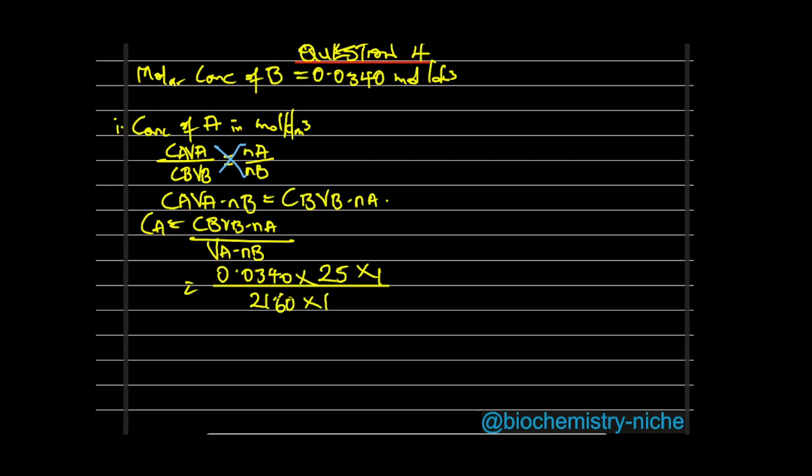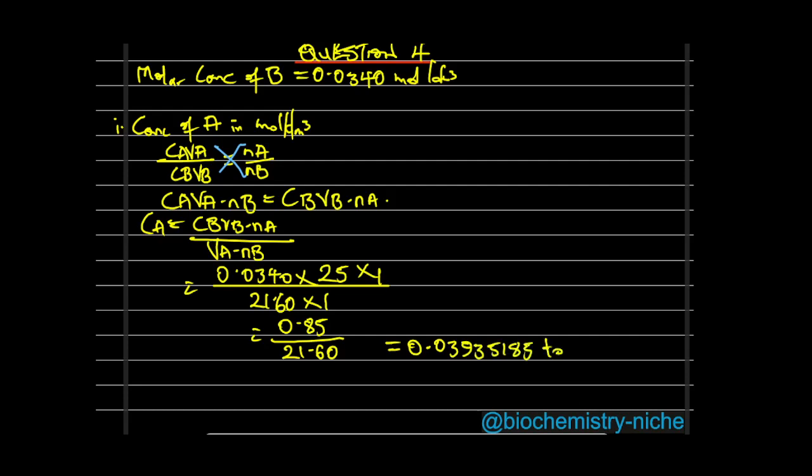And so when we do the calculation, we'll be having this as our value: 0.85 divided by 21.60. When we do this calculation, it is going to give us 0.0393585.